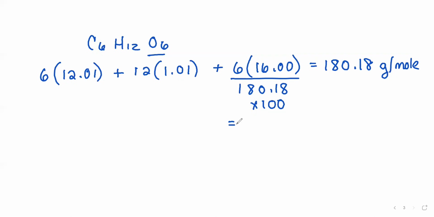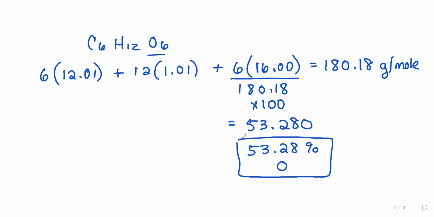And so then I'm going to do 6 times 16 equals, and then divided by 180.18 times 100. And I get 53.280, which the zero is not going to change anything, so it's just 53.28% oxygen, and that would be the answer for that problem.